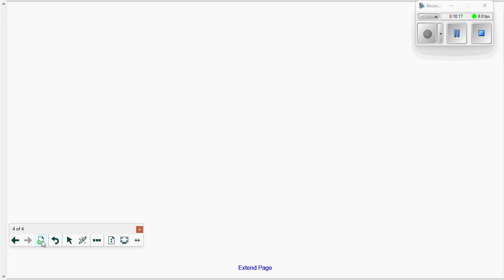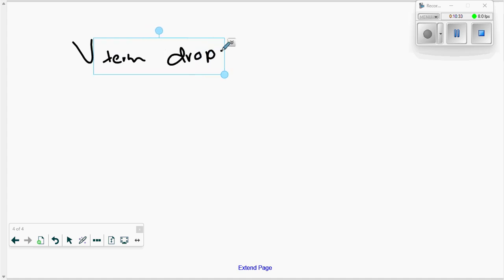A key concept is to know that when a question says the voltage across the terminals of the battery drops, they mean the external.